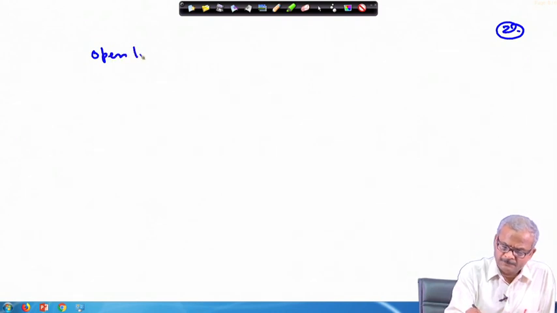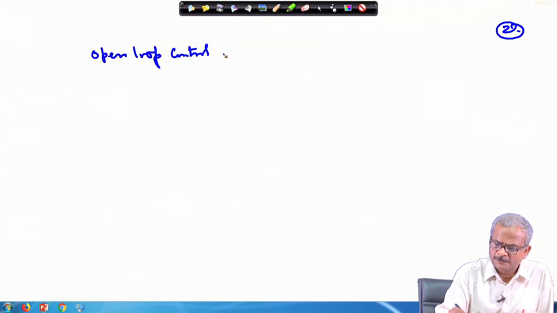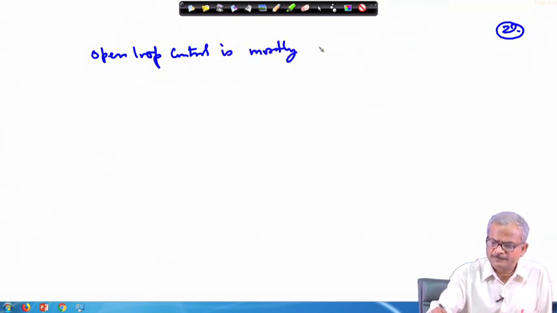Open loop control is mostly pre-decided.